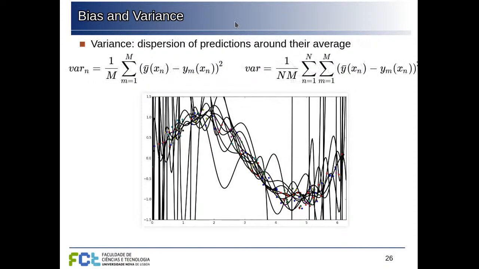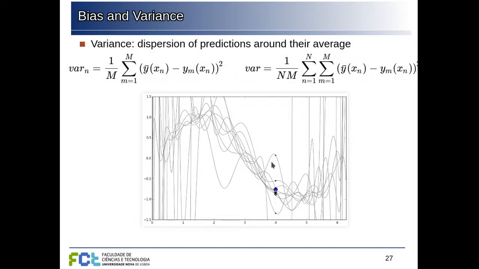But reducing variance is much simpler if we just do some tricks, like, for example, averaging over the results of different instances of the model, which will tend to move us closer to the mean point here.